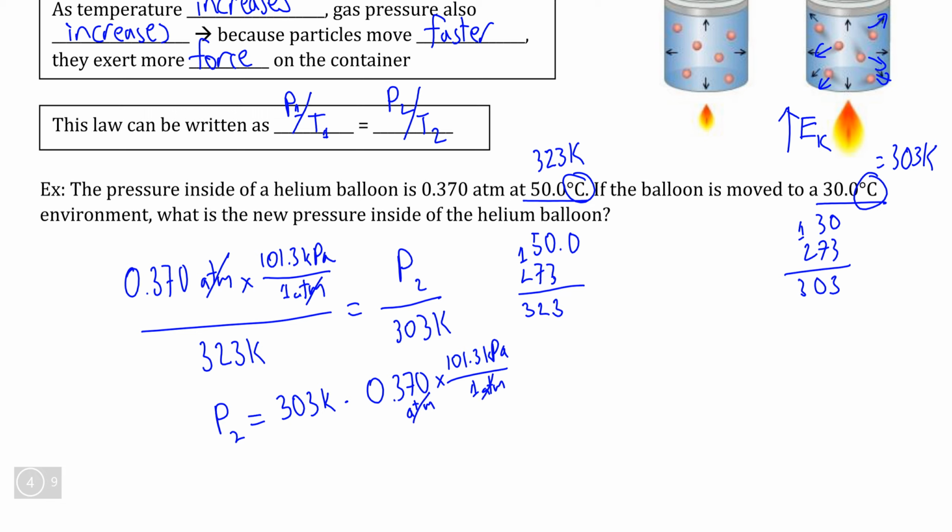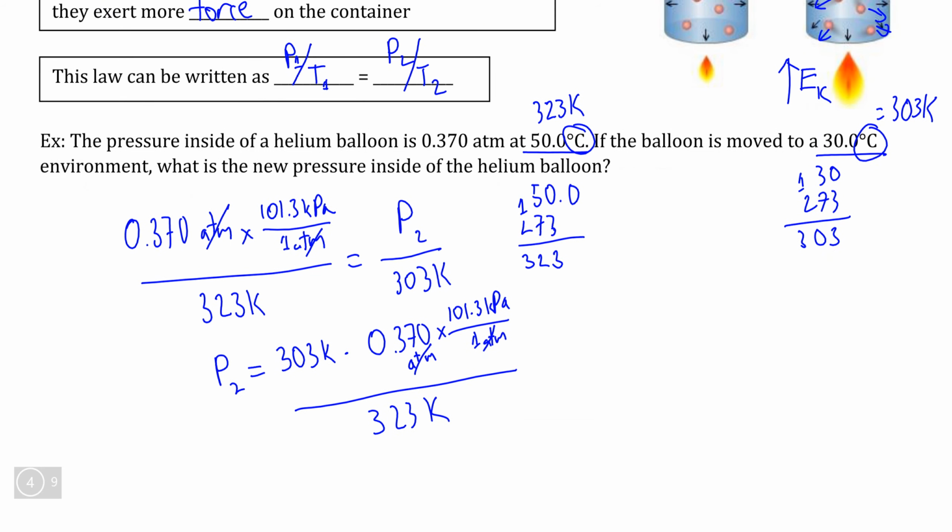And then all of this is divided by the initial temperature, 323 degrees Kelvin. And if we check our units, we see atmospheres cancel out because of this conversion factor, and degrees Kelvin cancel out as well because we're dividing two temperatures, leaving the only unit as kilopascals, which is what we want when we're looking for the final pressure.